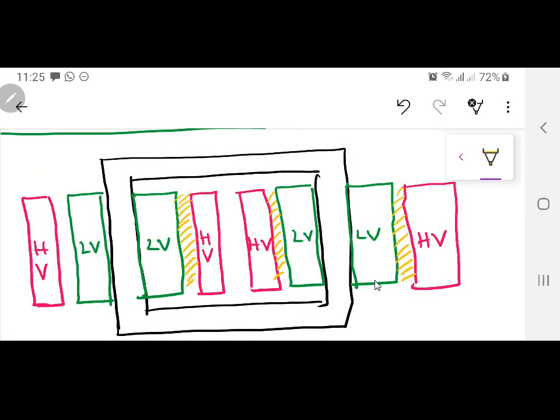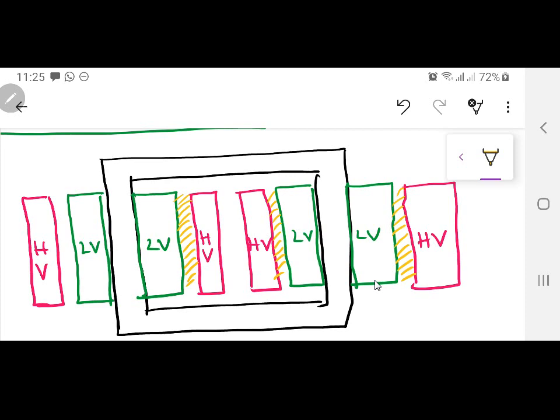If I am designing a very high voltage transformer, supposedly 11 kV/400 volt, which means 11 kV is the high voltage winding value and 400 volt is the three phase low voltage value, I will require more insulation between the low voltage and the high voltage winding. And if I am designing a transformer of supposedly just 400 volt/400, both the same value, I don't require that much insulation.